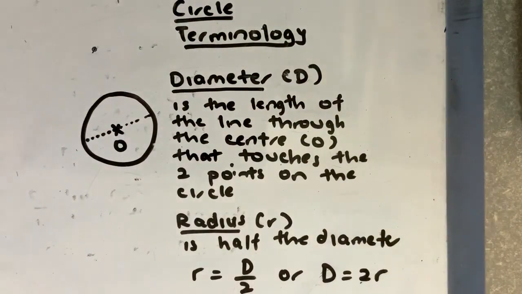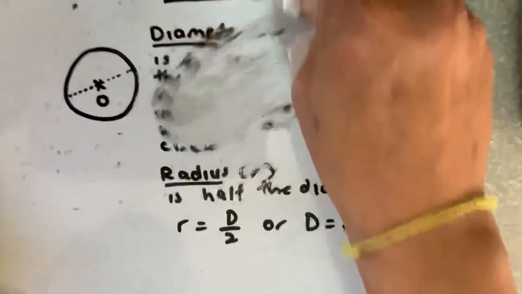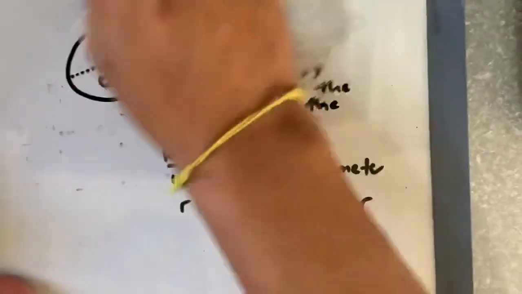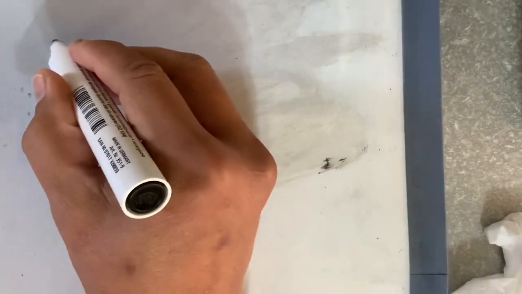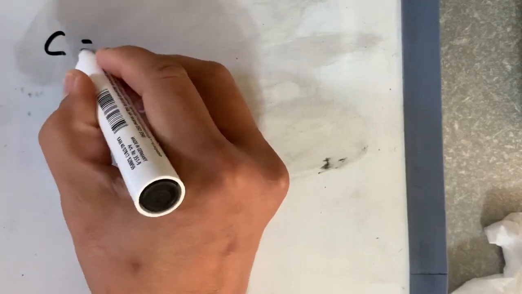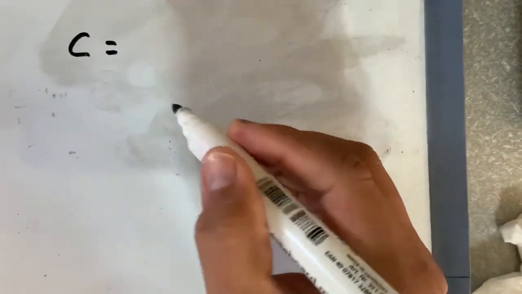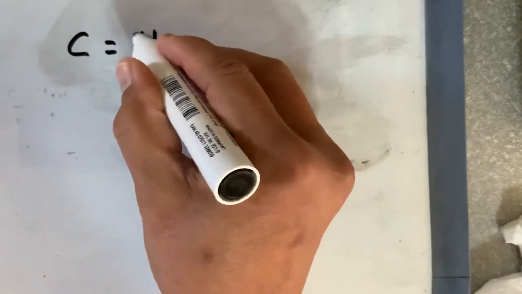Good. Now we shall continue with the formulas to calculate the circumference and area of a circle. Okay, so the formula to calculate the circumference of a circle is pi times diameter.